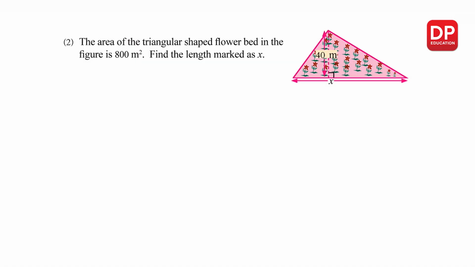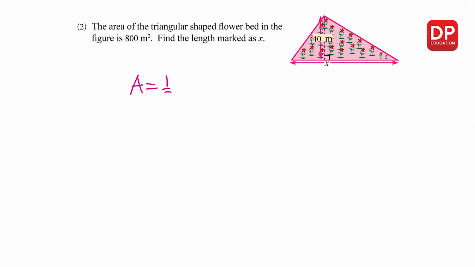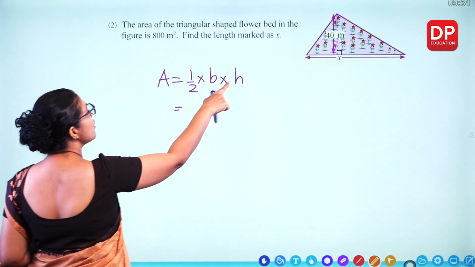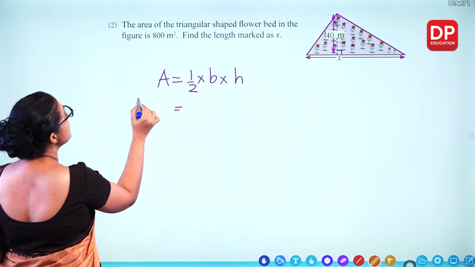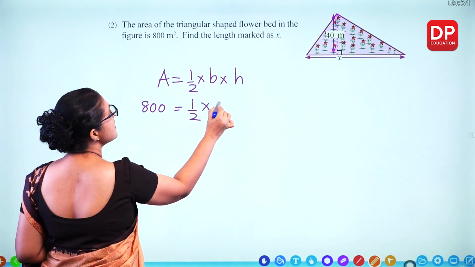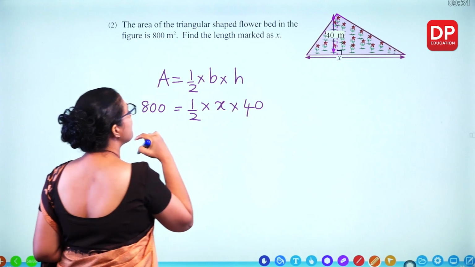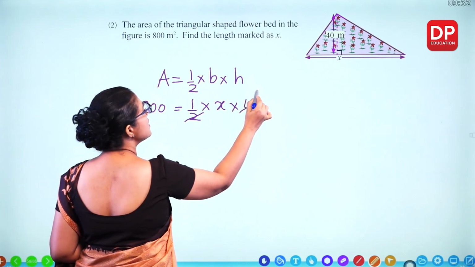Question number 2. The area of the triangular shaped flower bed in the figure is 800 square meters. Find the length marked as x. X is the base length. So we know area is half into base into perpendicular height for a triangle. Area is given 800 and base length is x and the perpendicular height is 40. 2 times 20.